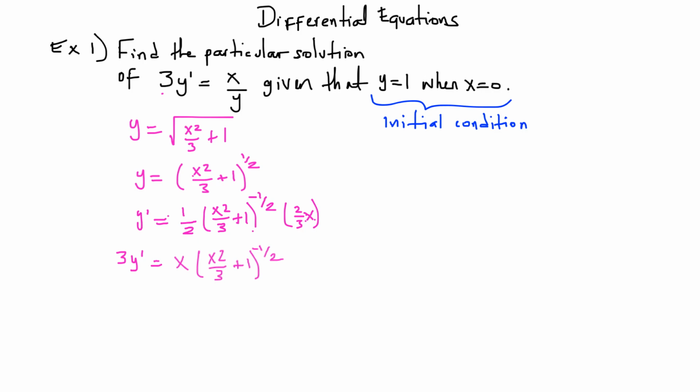And if I rewrite it so that there's no negative exponent, 3y prime equals x over, and then I send this thing with the negative 1/2 to the denominator, and it'll be to the positive 1/2, which means the square root of it, the square root of x squared over 3 plus 1. And this is 3 times y prime. Now based on the original equation, 3 times y prime should equal x over y. Now this doesn't really look like x over y, it looks like x over something. But hey, then take a look.